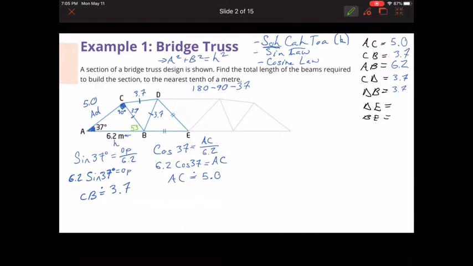Now I also know something about my middle triangle. My middle triangle has 3 equal sides. It's an equilateral triangle, which means it also has 3 equal angles, which means 180 divided by 3 is 60 degrees. So we've got 3 60-degree angles on this one.